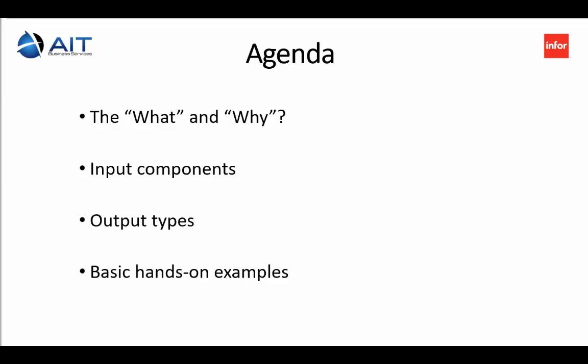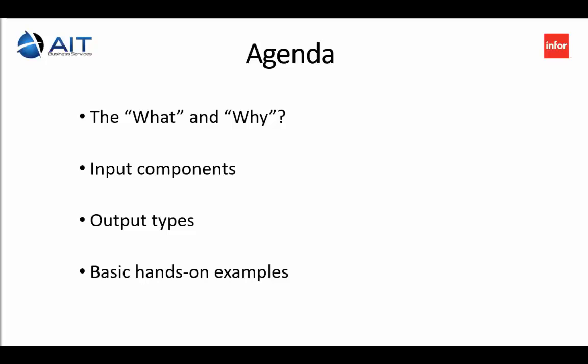Our agenda is pretty high level. We're going to be talking about what these tools are and what types of situations are best suited to each tool, in other words, the what and the why. We'll talk about the ingredients that make up a data view or a critical number, the components that make them tick.